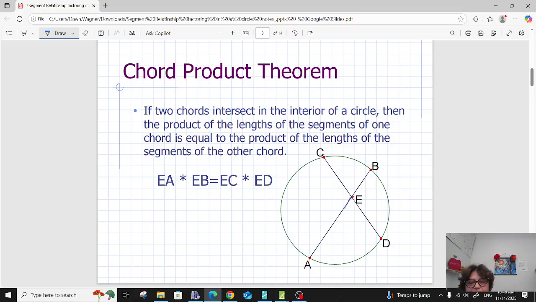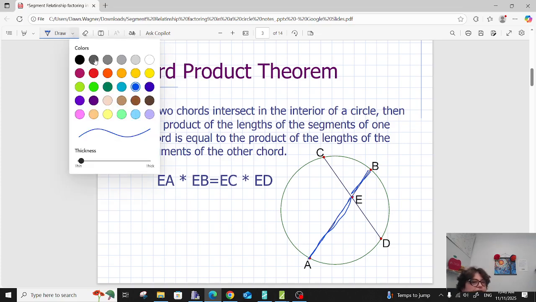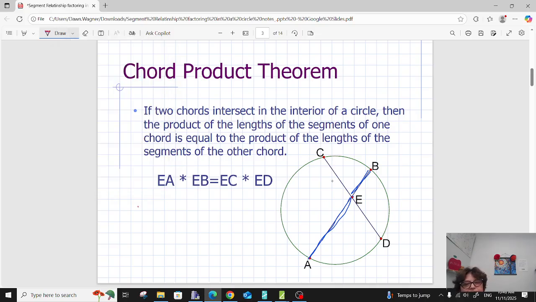EA is this piece here, right? Now EB is the other segment of that same chord. Do you agree with that? If I multiply those two together, it's going to equal the two other segments of these chords that it intersected. So these two multiplied together would have to equal. Okay? Take a minute to look.